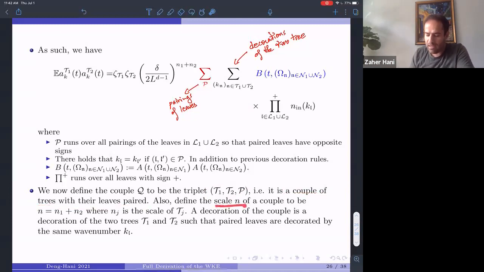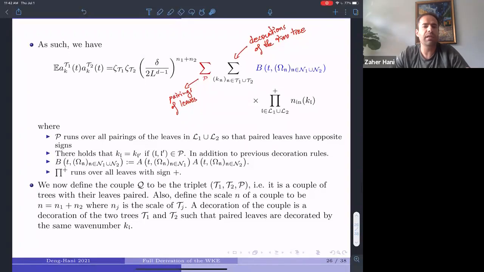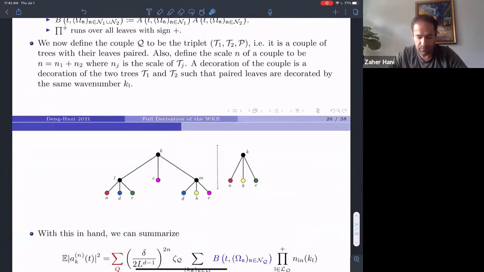We define the scale of the couple to be the total scale of the two trees, so the sum of the scale of the two trees. And a decoration of the couple is a decoration of the two trees, T1 and T2, such that the paired leaves are decorated with the same wave number. Again, what we have done here is just written down the expected value of AK of T1, AK of T2, where AK of T1 and T2 are just the iterates that we discussed before.